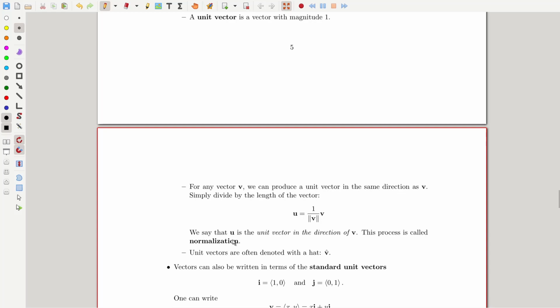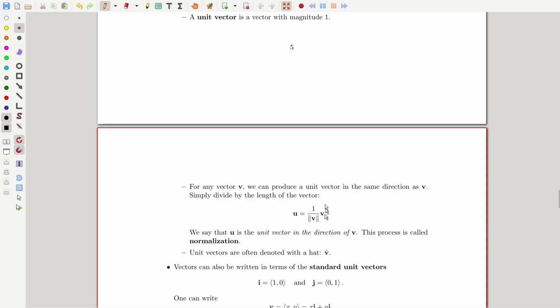It's a procedure to convert a vector into a unit vector. What you do is you rescale it so that it has length 1. It is the unit vector that is in the same direction but of unit length.